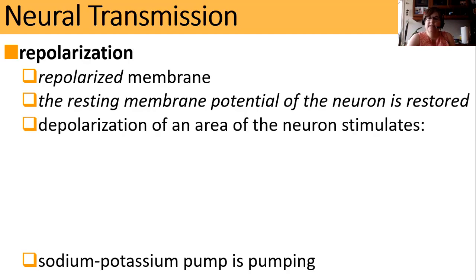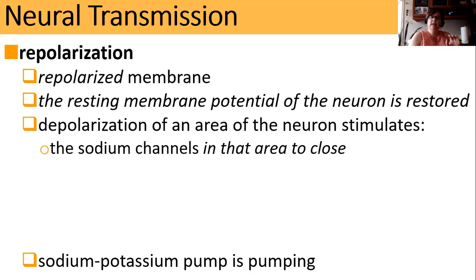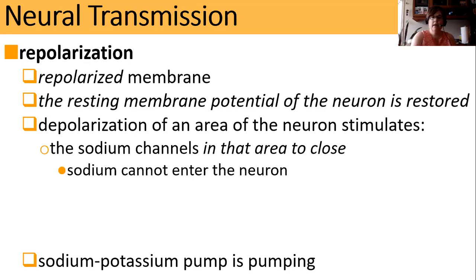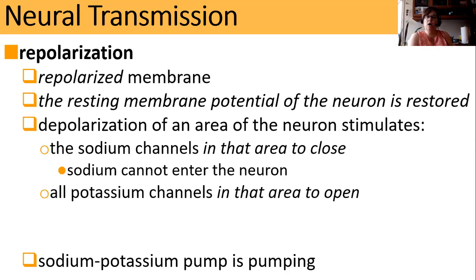So once an area is depolarized, if enough sodium channels open up, then the sodium channels in that area close, and the sodium channels in the next area open. Okay, so sodium can't enter the neuron anymore. All the potassium channels in that area open up.